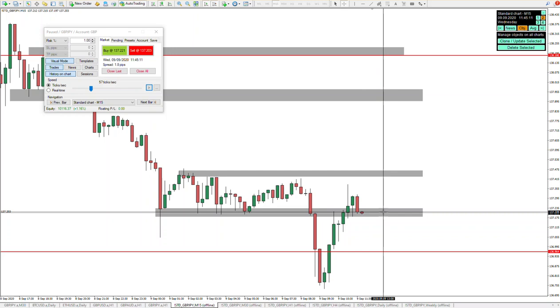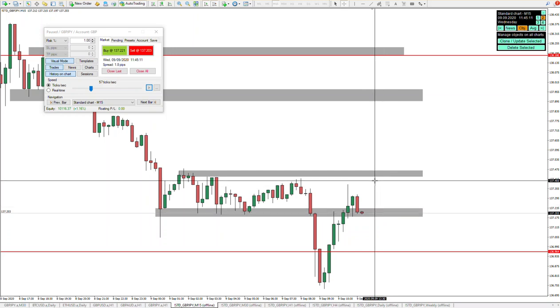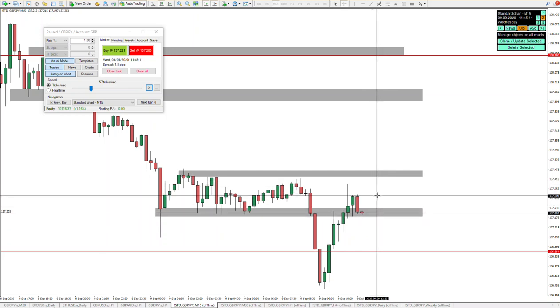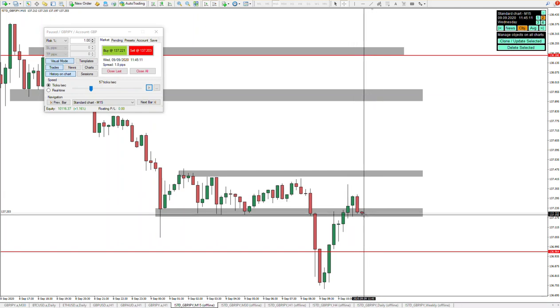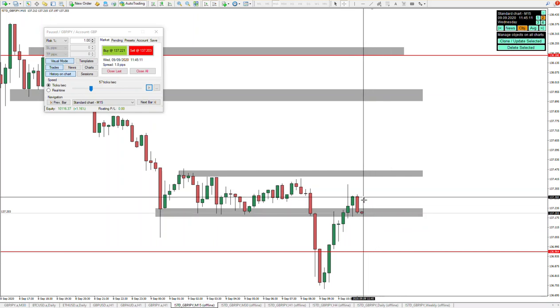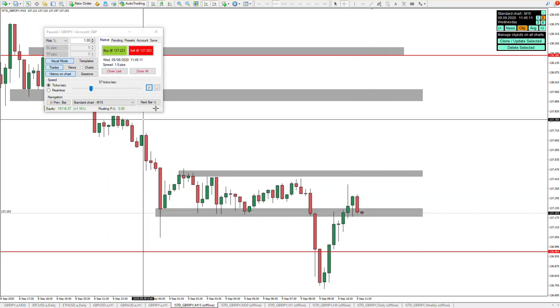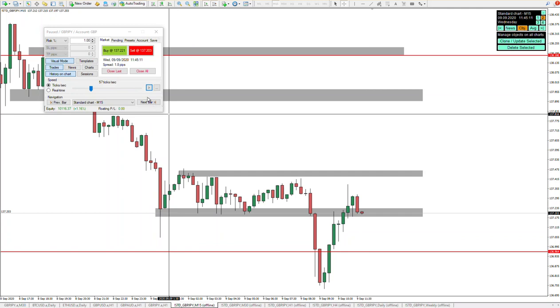Well, it's at support. It made a higher high compared to that, but that was just nothing. Not able yet to break this low. I don't see an opportunity for selling, and of course not for buying either.